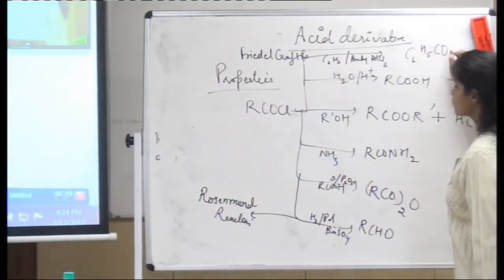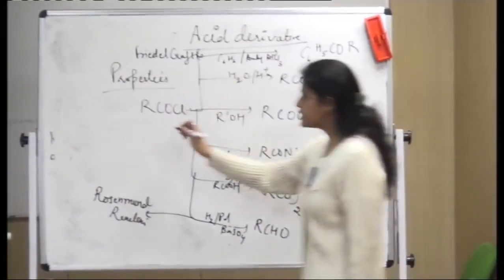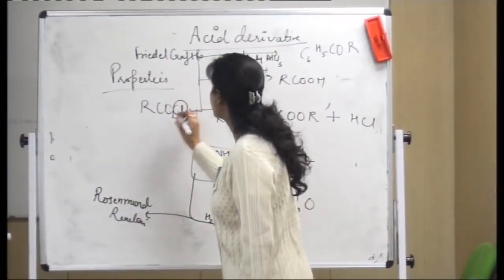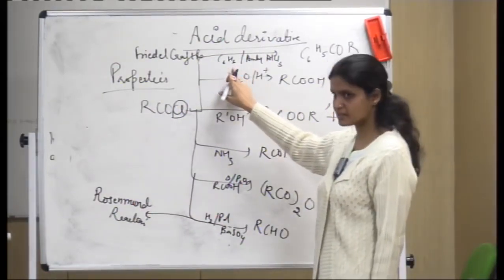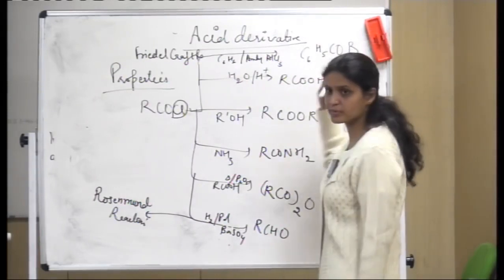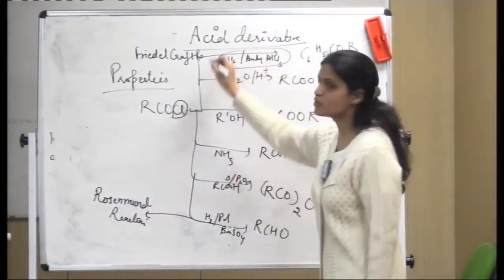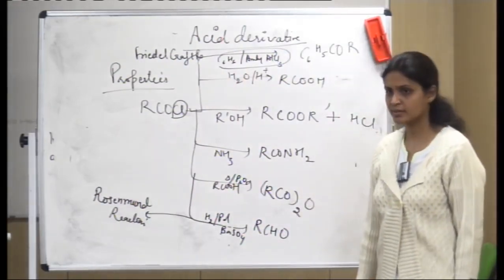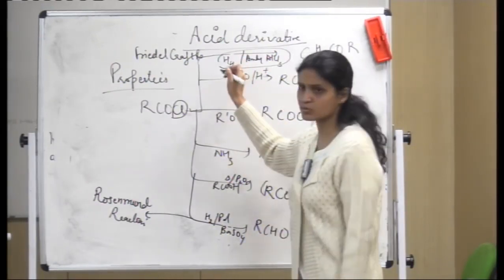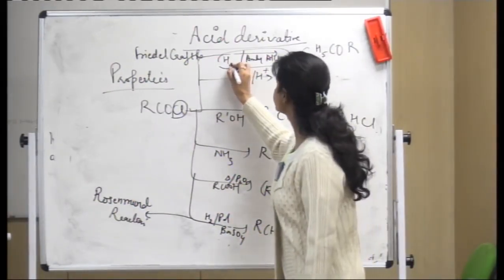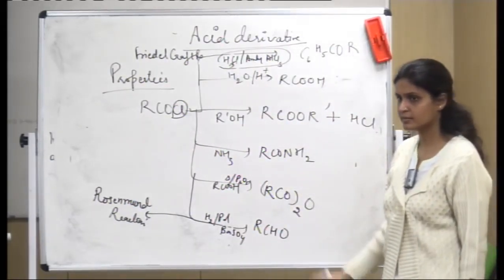C6H5CO and R. That means basically this chlorine is getting replaced by this phenyl group, right? This is the example for Friedel-Crafts reaction, right? If I want to put CH3 here, I would use CH3Cl, right? Understood?